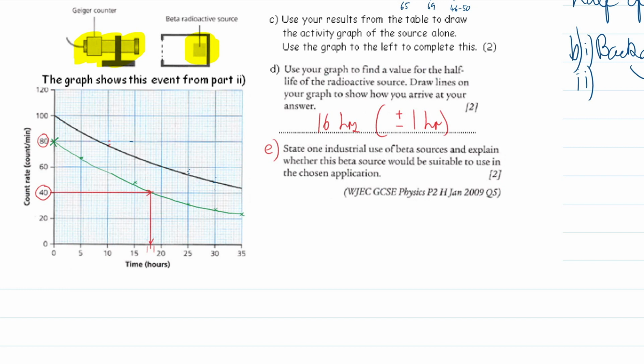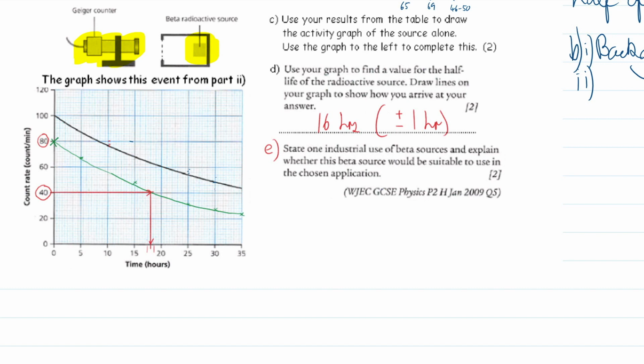You can look back in your booklet at that. In terms of whether it would be suitable or not, what you're looking for is the right emitter, beta, yes, and you're looking at something with a long half-life. Now if you look at the half-life here, it's 16 hours. You want something with a longer half-life than that. You don't want to be changing the source on a regular basis.